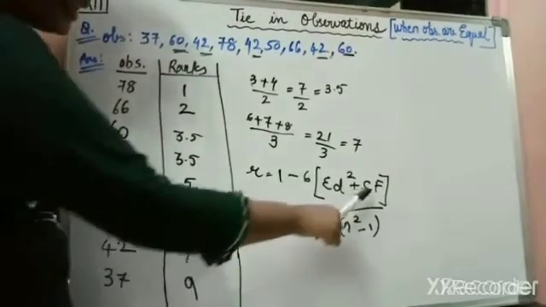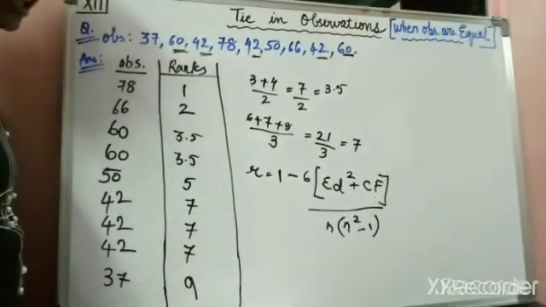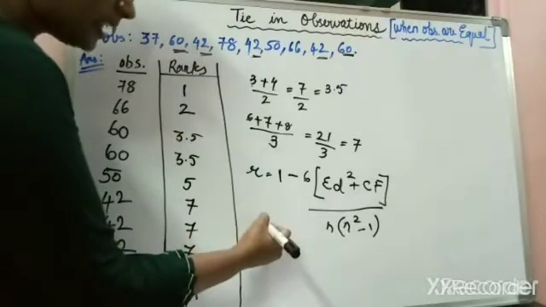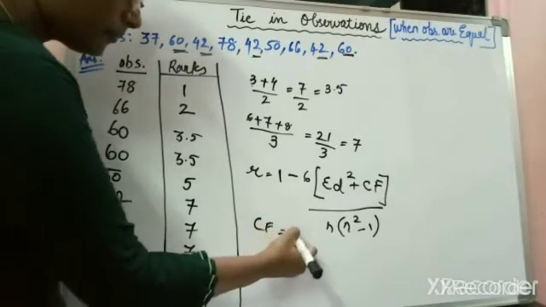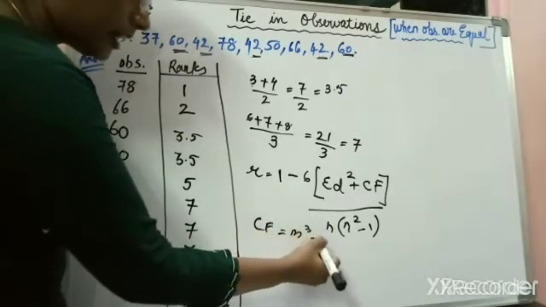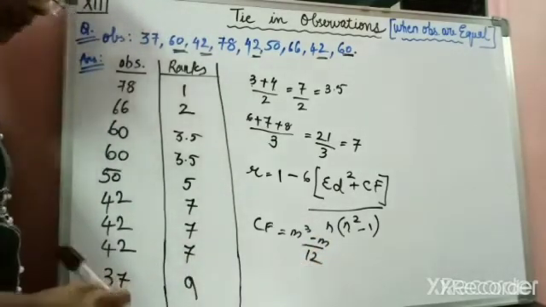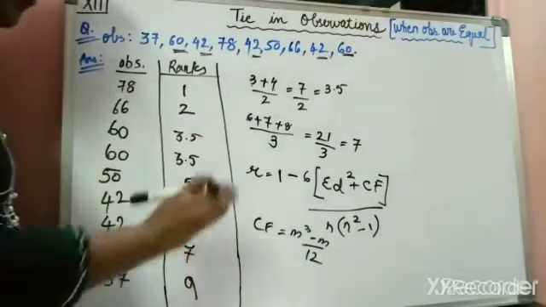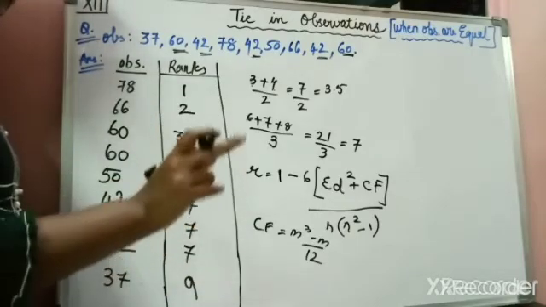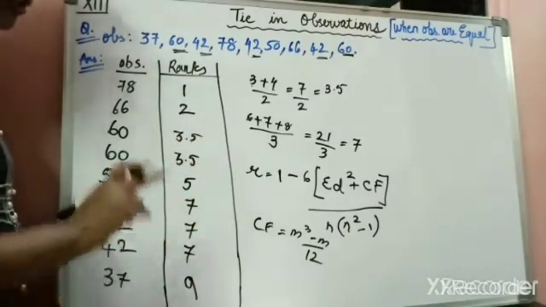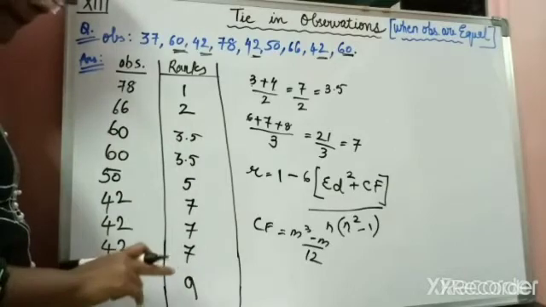So you would be thinking, what is the formula for CF? The formula for CF is m cubed minus m divided by 12. Clear? Let us study this much only, the formula. Now we would take and calculate one sum, so it would be more clear to you.